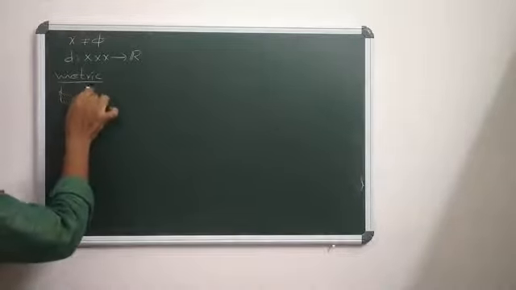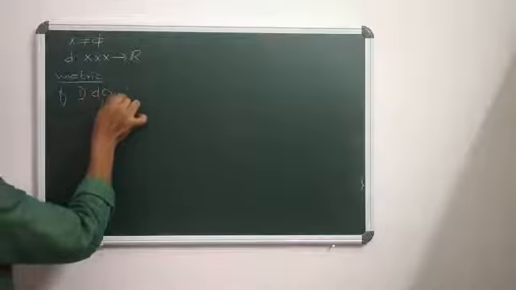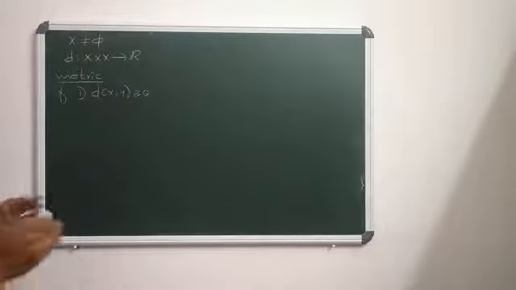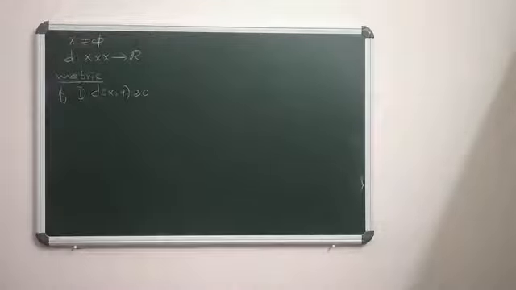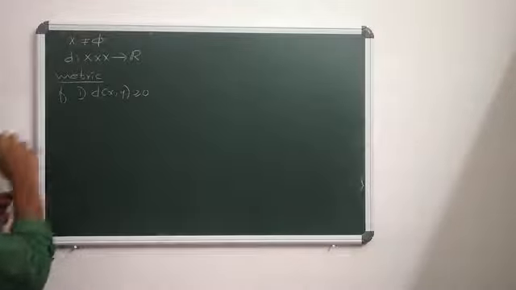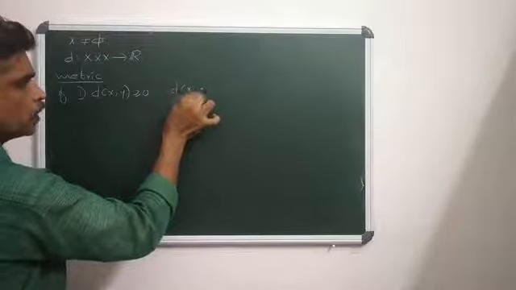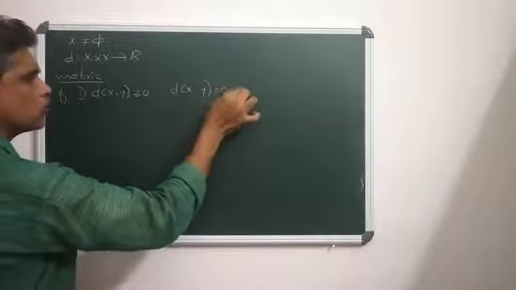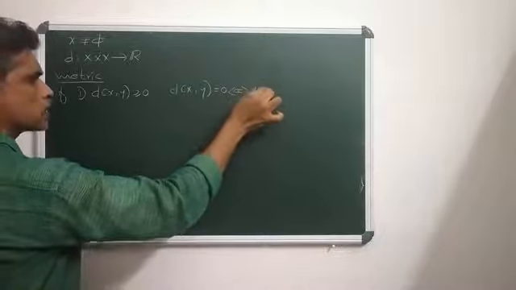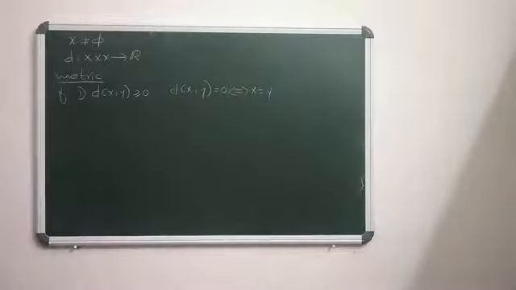First one, d(x,y) is greater than or equal to 0. What is d(x,y)? It is the distance between x and y. And the equality holds, d(x,y) equals 0, means x coincides with y, x equals y.